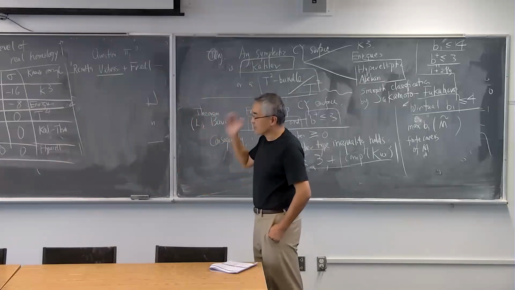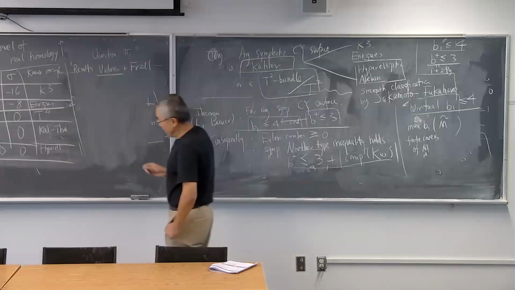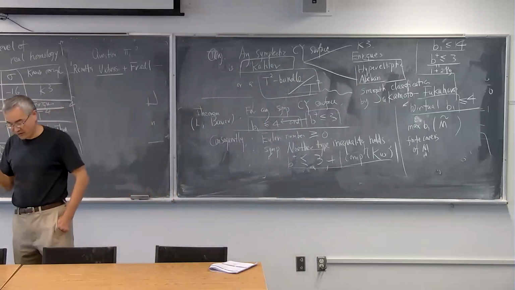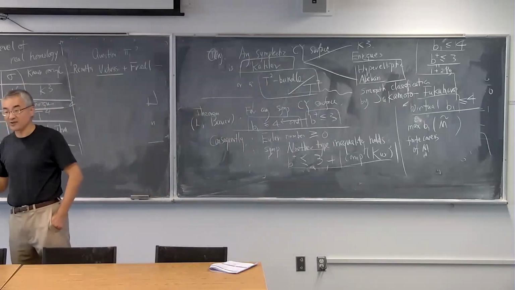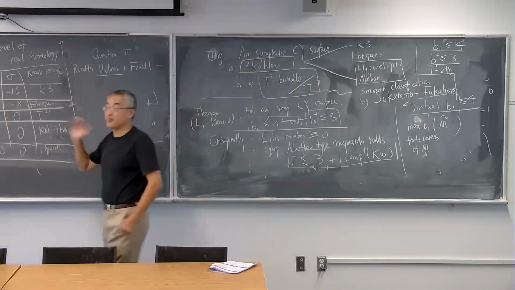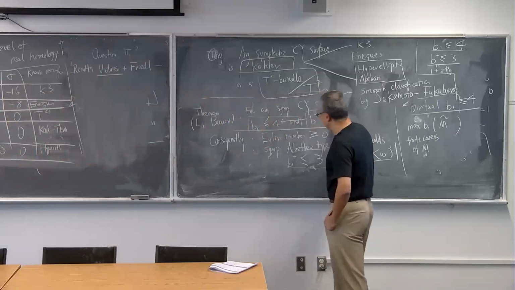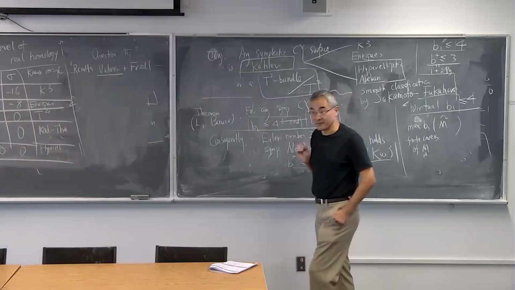That contradicts Taubes' computation of the Seiberg-Witten invariant of the canonical class of a symplectic four-manifold with b plus greater than 1. His computation shows that number is plus 1 or minus 1, so particularly it cannot be even. So that gives the bound that b plus has to be less than 3.